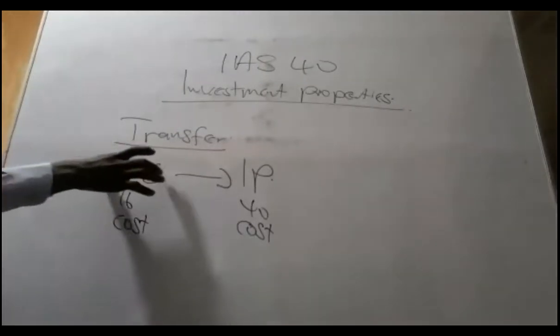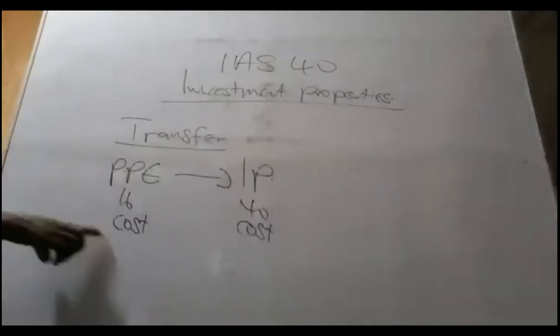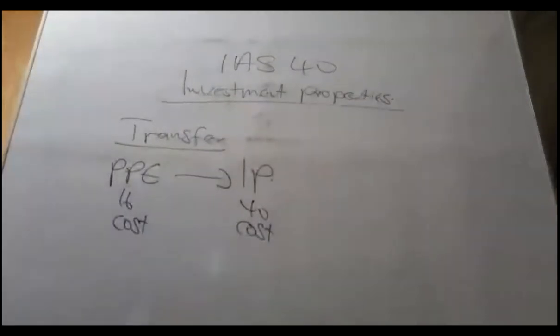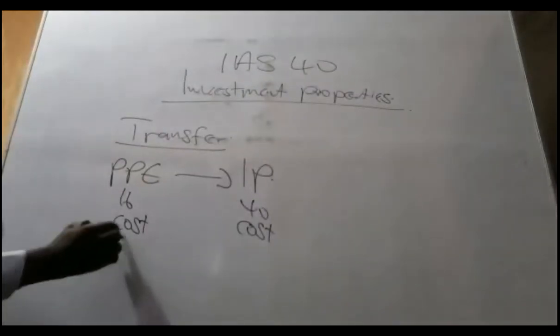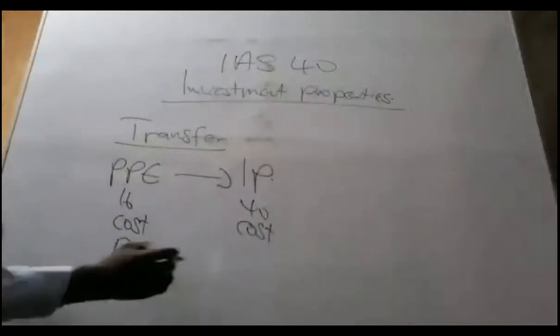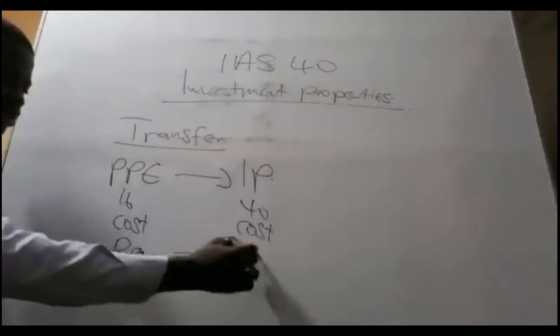The asset will be moved from PP to investment property. From cost to cost, the value will not change. The calculation of the depreciation will not change, because cost will depreciate the asset, except if they change the useful life of the asset. Then you can also have from revaluation model to cost model.